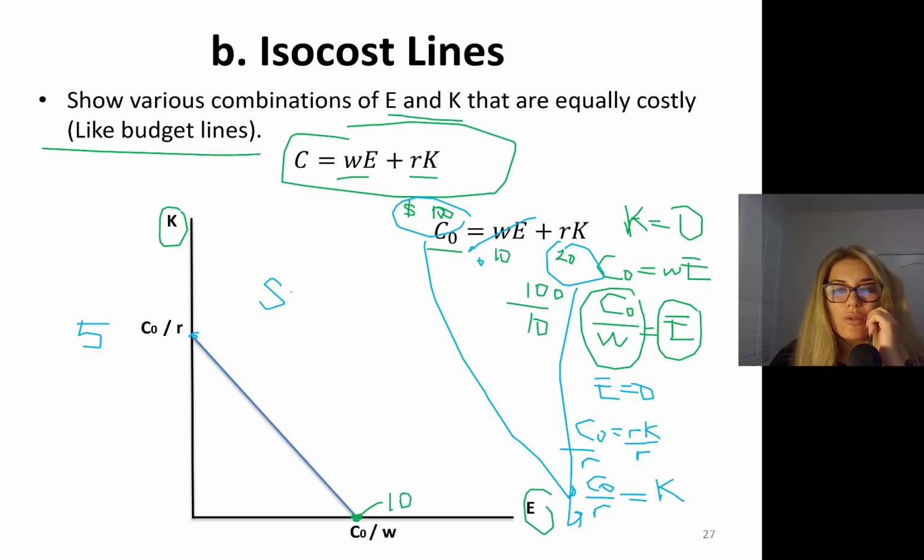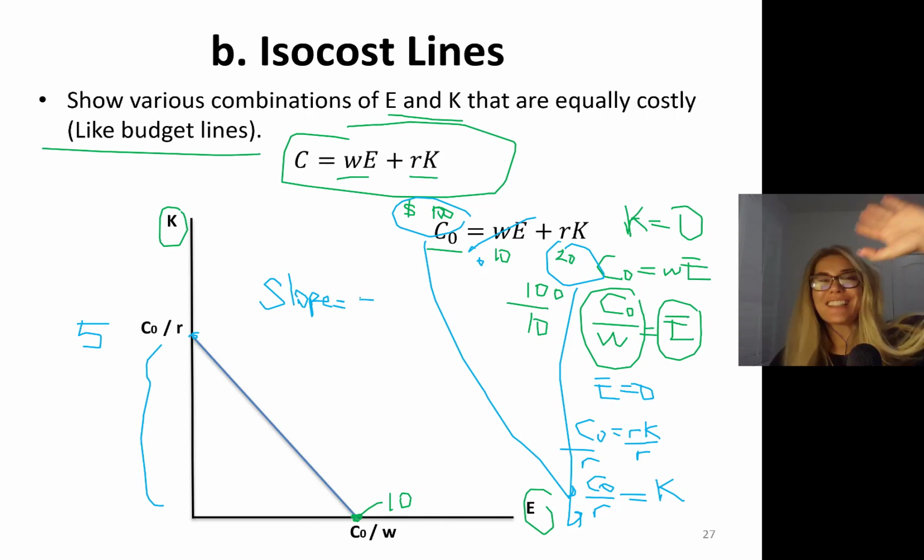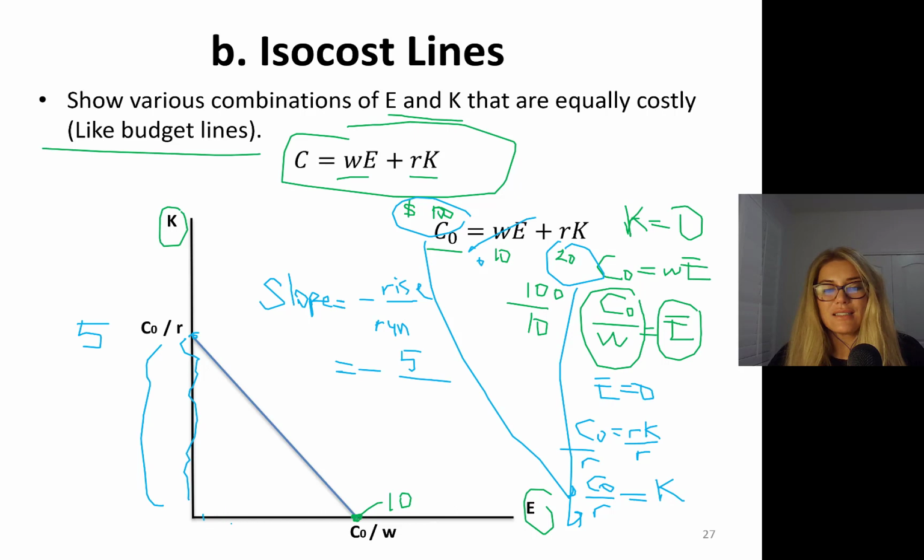So what is the slope of this line? This is downward sloping, so I'm going to put negative. I'm just using the simplest rule, negative rise over run. It doesn't always work, but in this case it's going to work. Negative, what's the rise? This distance, negative 5, over the run, this horizontal distance, 10.